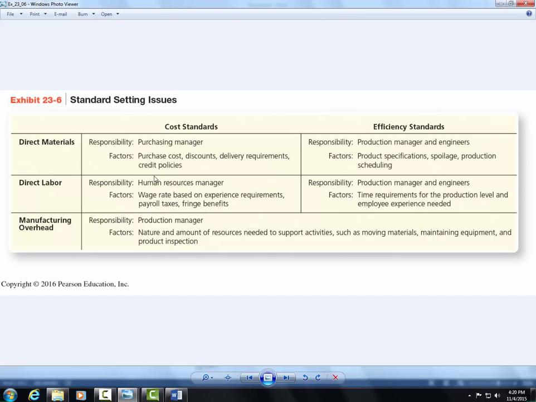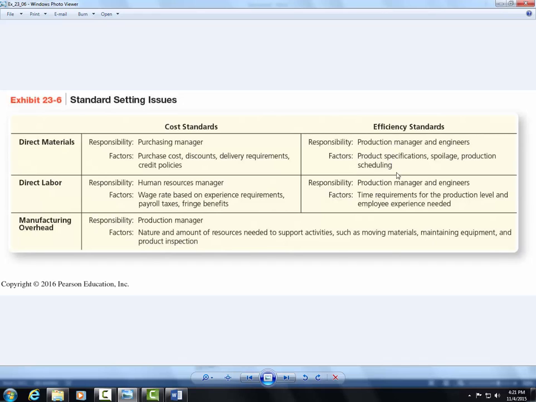How much direct labor is going to cost to produce one batch of crayons? Our efficiency standards is how much direct materials are we going to need to produce one batch of crayons? So, for instance, how many pounds of wax does it take to produce the crayons? Or how many direct labor hours does it take to produce the crayons? That would be your efficiency standards for direct material and direct labor.